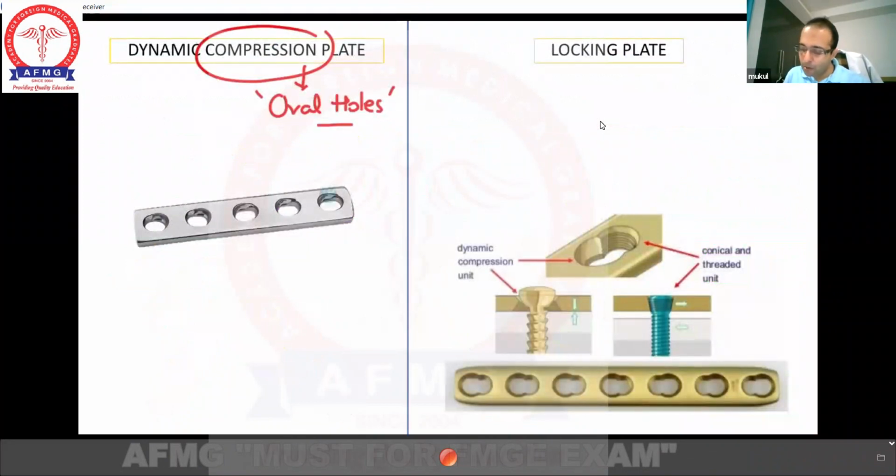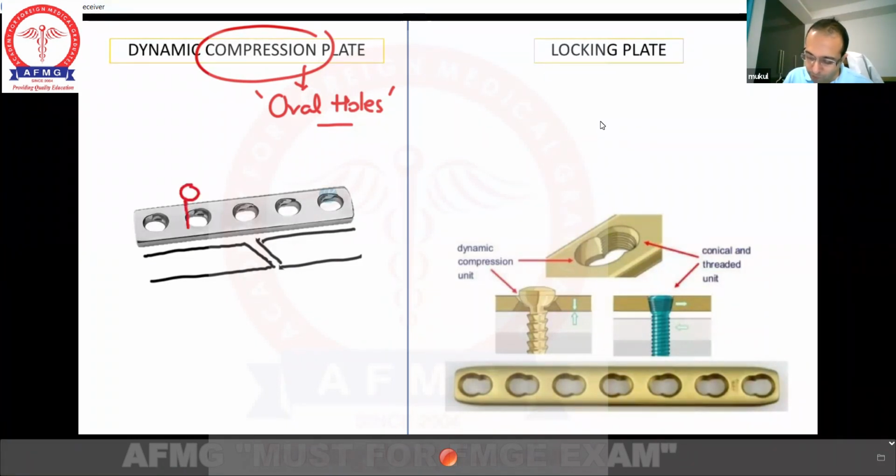How? Suppose you have a fracture here and you have fixed this fracture with a plate. Now when we put screws in oval holes, we put the screw at the edge of the oval hole, so the screw goes through like the terminal edge. So when the screw goes down, because the screw is at the edge, it will push the plate out.